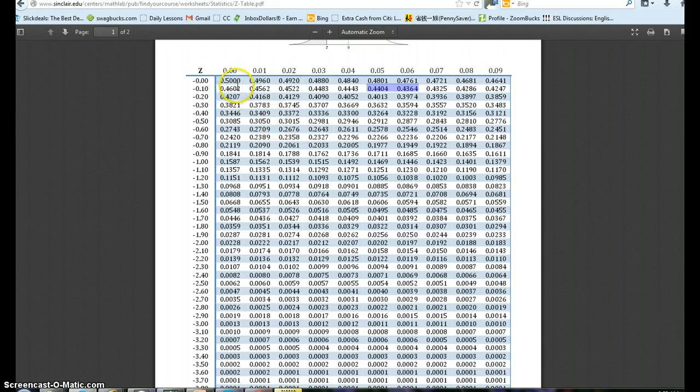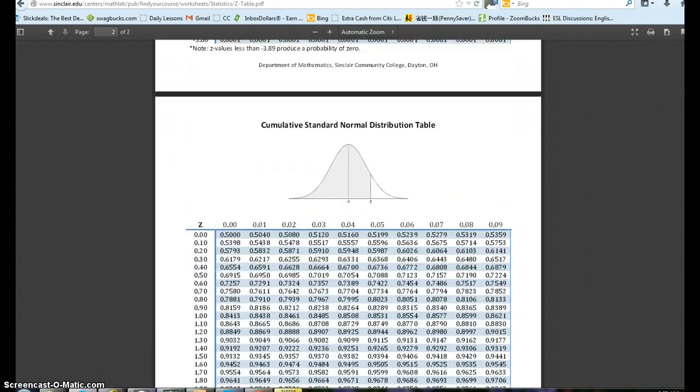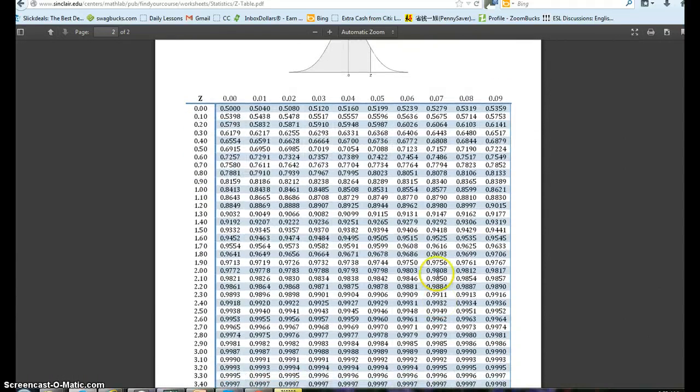All these are 0 point something. So I'm going to go down, 9147. This is 9192. 9147, it's right here. So I found the area, and then I find the z-value.